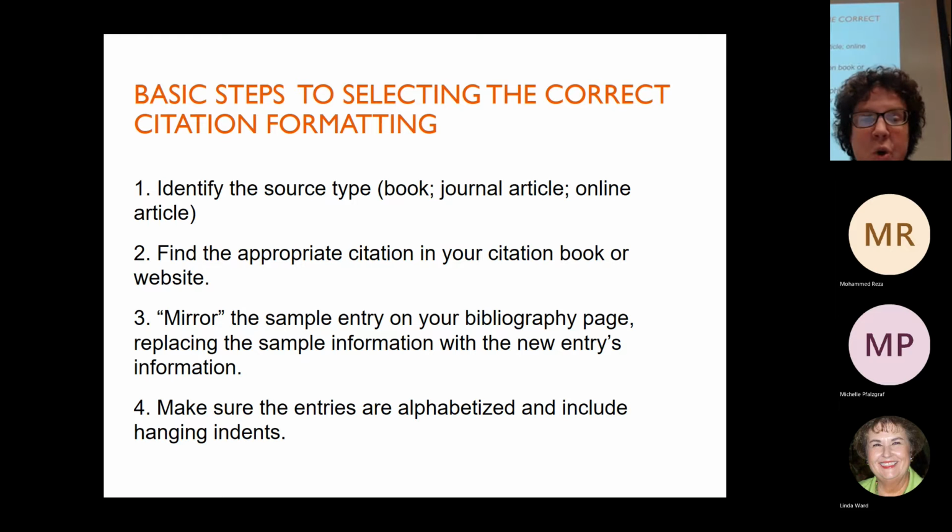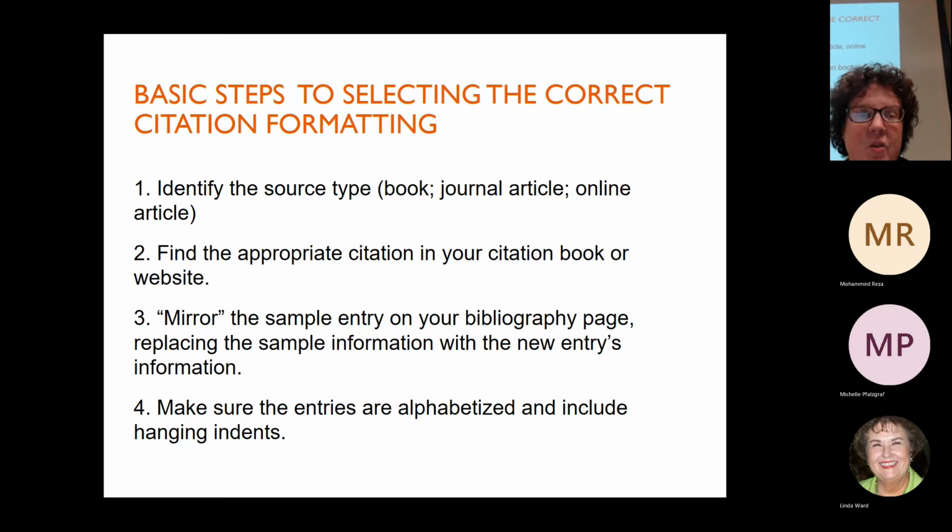Then you go to your handout, or you go to your citation book and find the appropriate citation, or you go to Purdue OWL. And they're going to give you an outline, like your handout does: author, and so on.